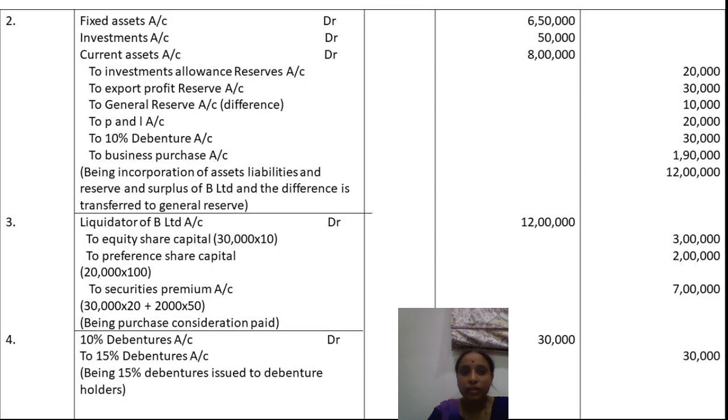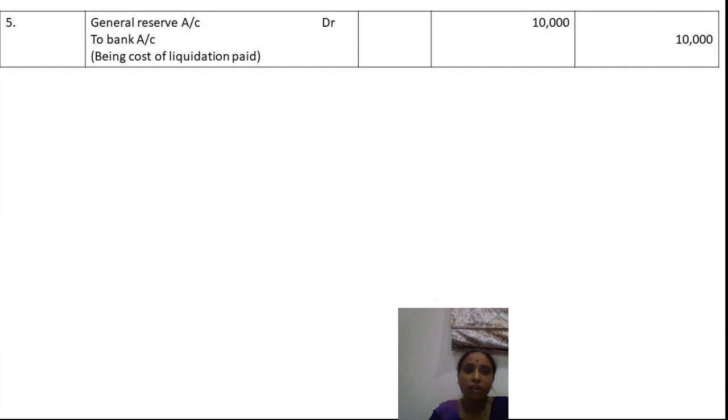Next entry is for making the payment to debenture holders. So 10% debentures account debtor 30,000 to 15% debentures 30,000, being 15% debentures issued to the debenture holders. The last general entry is the cost of liquidation paid by the transferee company.